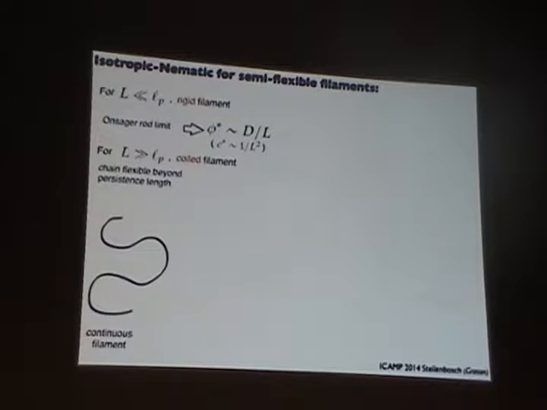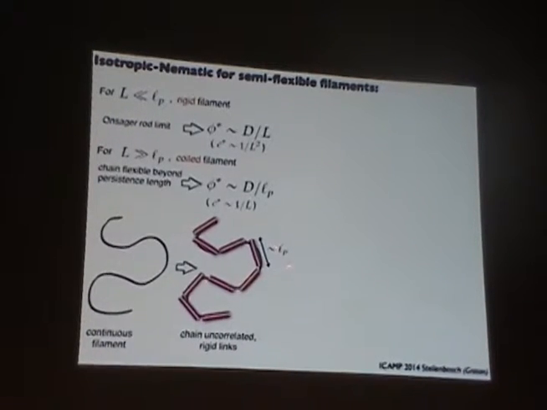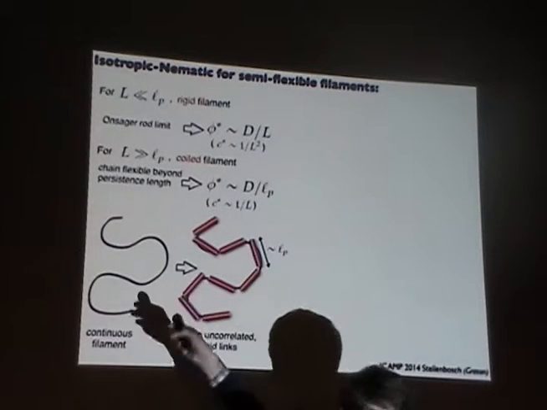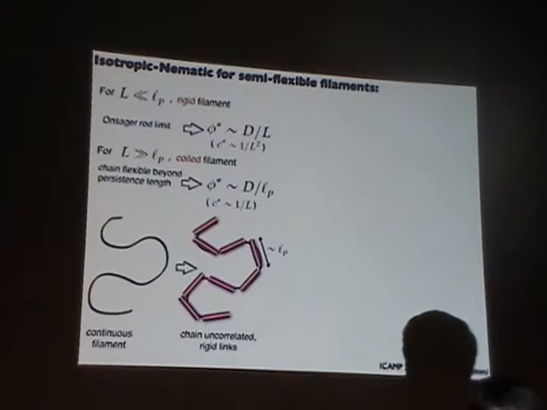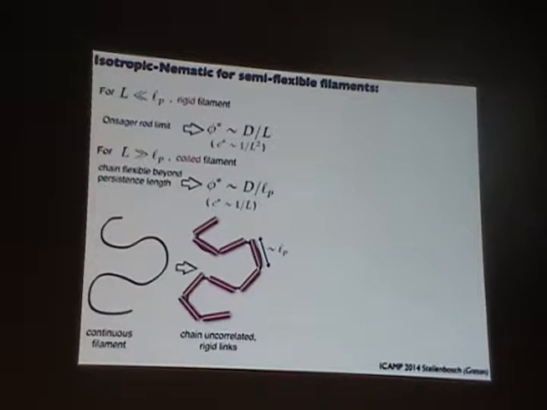So here's the idea. We take this continuous filament and we cut it up into a sausage link of little Onsager rods of length LP. And in fact, now it doesn't even matter that these things are connected, because the whole idea of the persistence length is that beyond this persistence length, the orientations of those two segments are not really correlated.